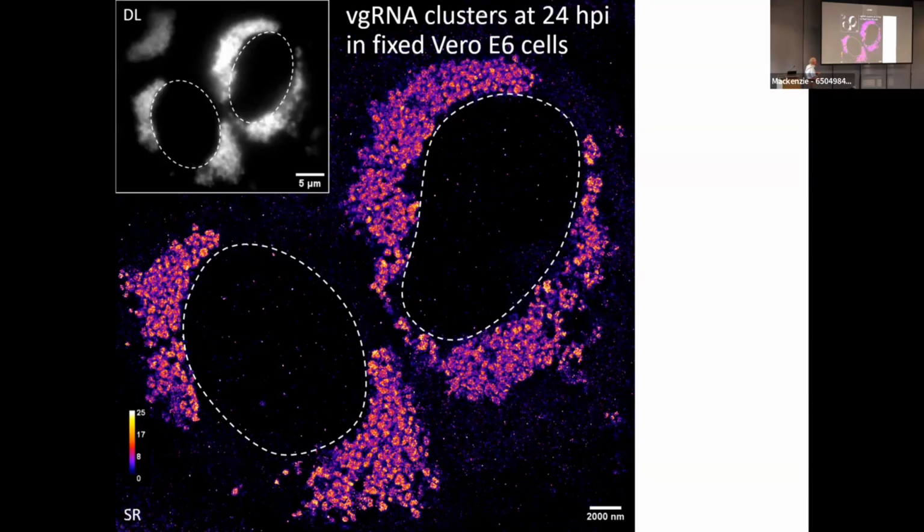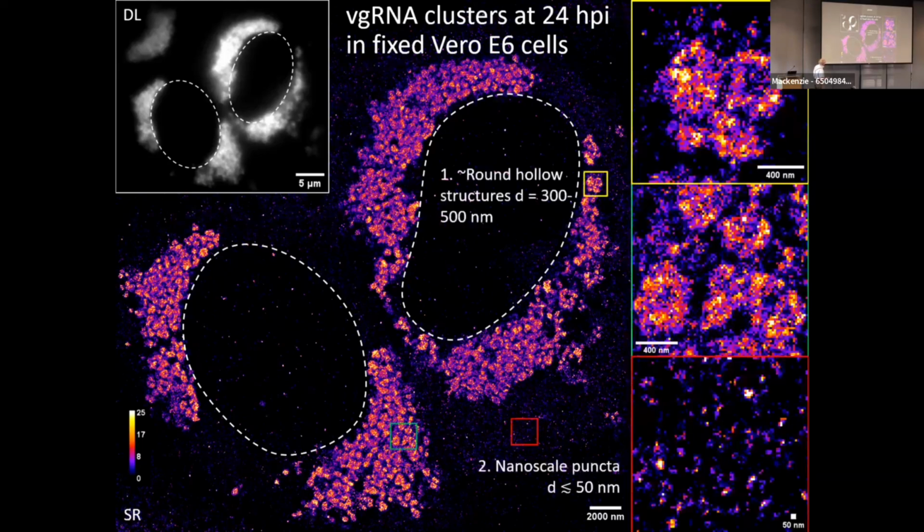So in diffraction limited, you don't see that at all. You just see blurs. And if you look in at specific ones, here's a region with a few clusters here, different examples of clusters. And down here is an example away from all of these clusters, just showing very small puncta, which are probably loose single RNAs from the genome.